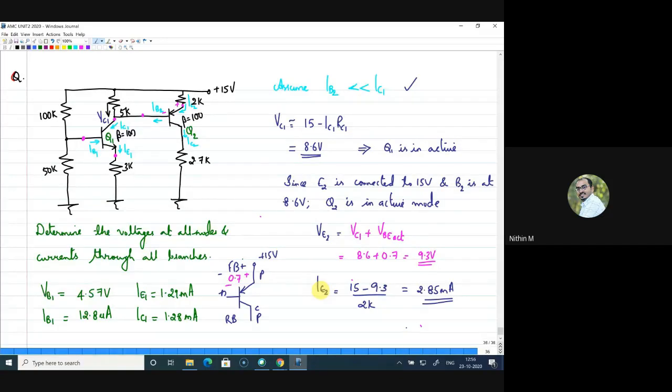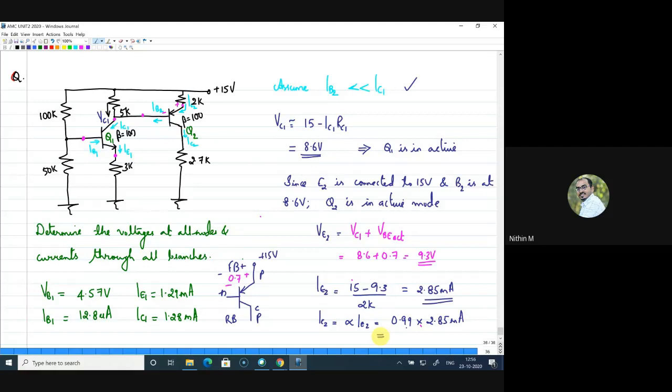Now, how can I write IC2? If you know IE2, I can find IC2 as alpha into IE2. Your alpha value is 0.99, multiplied by your emitter current, which is 2.85 milliamps, will give you your IC2 value.